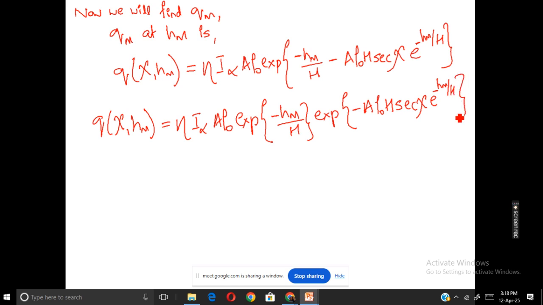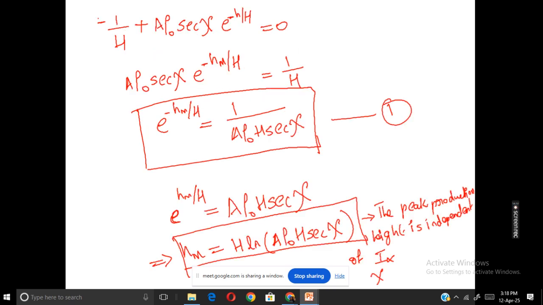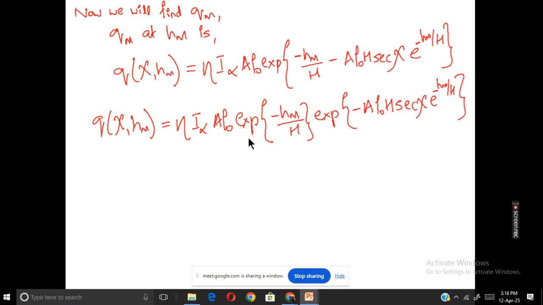The exponential term I am just taking out of the bracket. Now we know earlier we found the relation that e^(−hm/H) can be written as 1 by a ρ0 H c χ. Now we substitute that for e^(−hm/H) here, and in the second term over here.